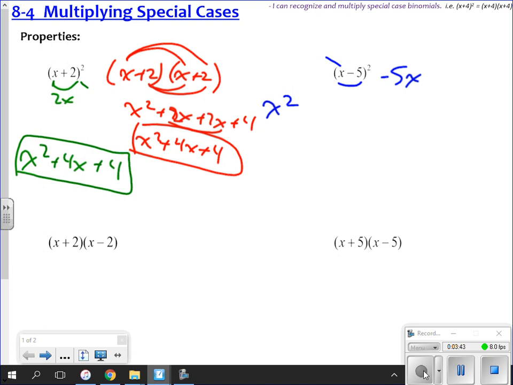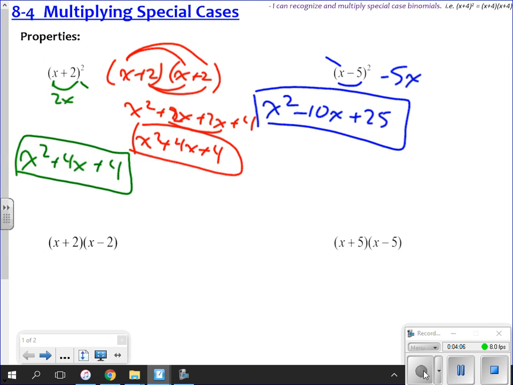If I double that, what do I get? Negative 10x. Then I square the last term. Negative 5 squared gives me plus 25. It will always be positive for your last term, because when you're squaring a negative, you always get a positive.